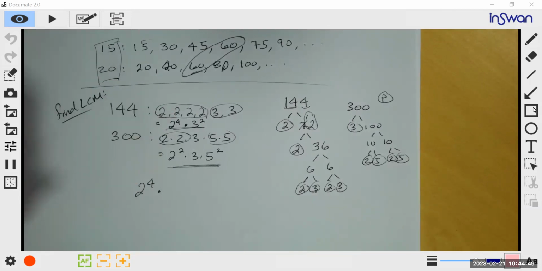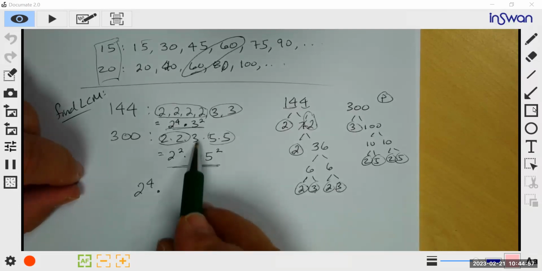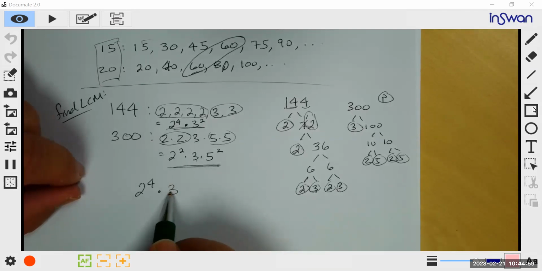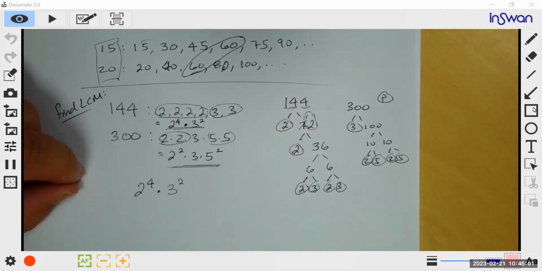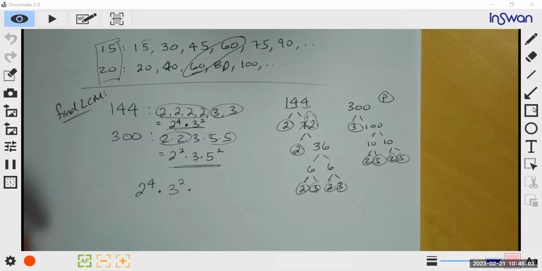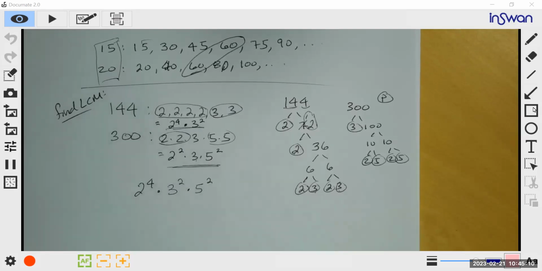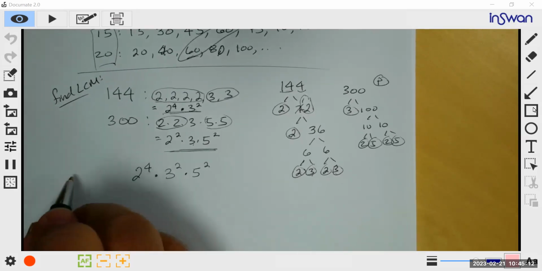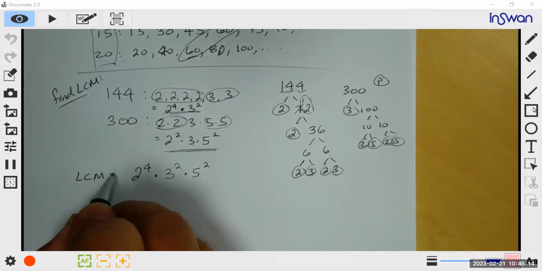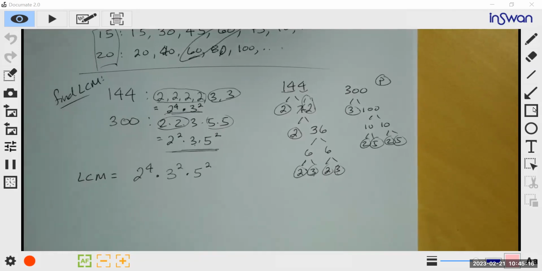How about the 3s? This one only has 1, this one has 2, so we use 3 squared. And this one just has 5 squared. So the LCM is just that.